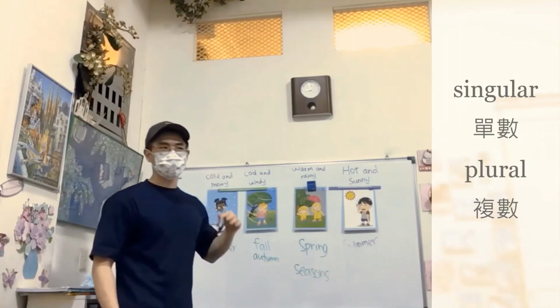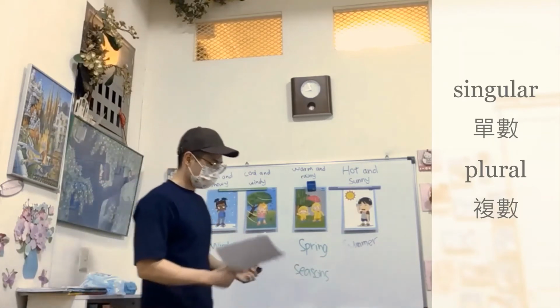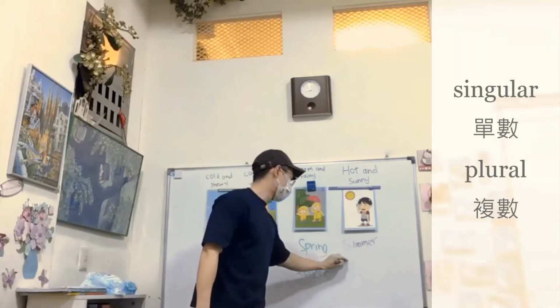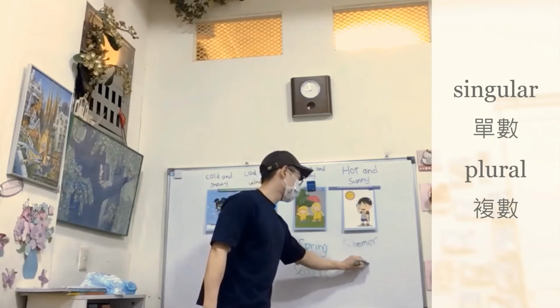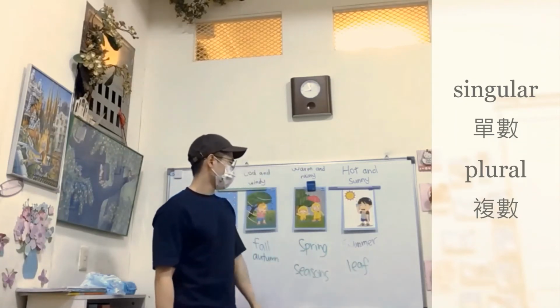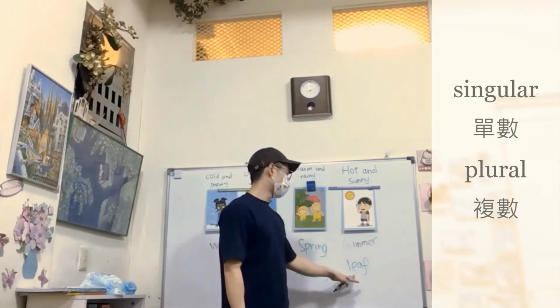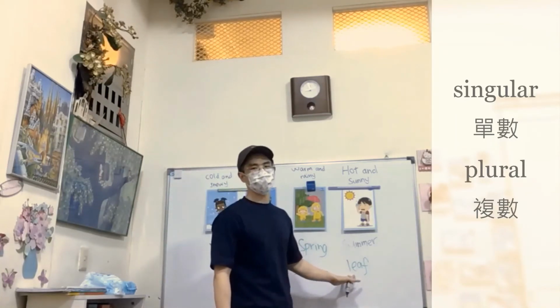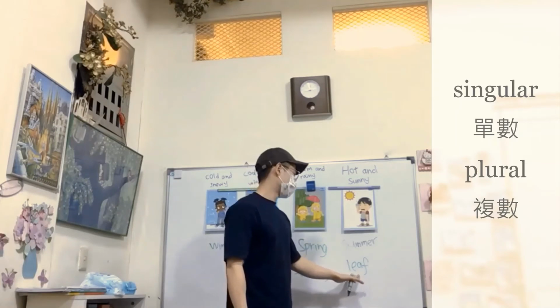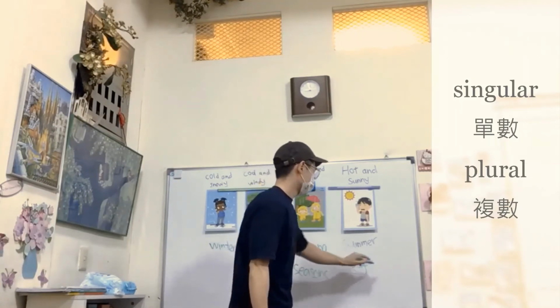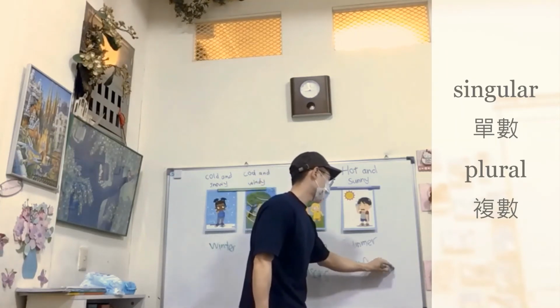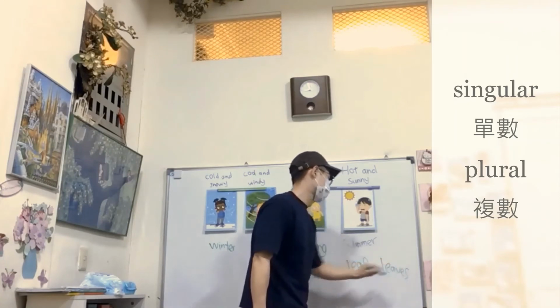Okay? Let me give you another illustration. For example, the word leaf, L-E-A-F. Okay, the word leaf. If there is only one leaf, we call it leaf, right? But what if there are more than one of them, okay? We call it leaves, okay? L-E-A-V-E-S.